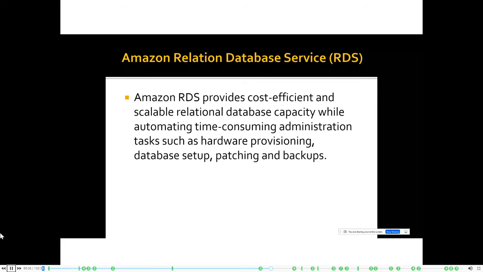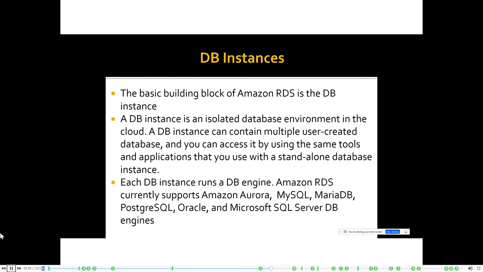The basic building block of Amazon RDS is the DB instance, which normally means a database server. A DB instance is an isolated database environment in the cloud.